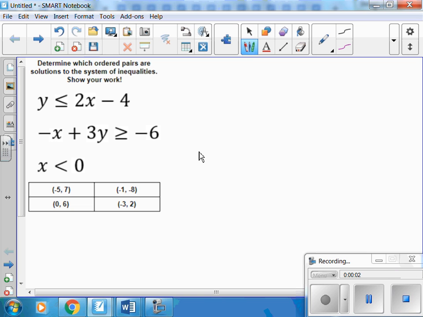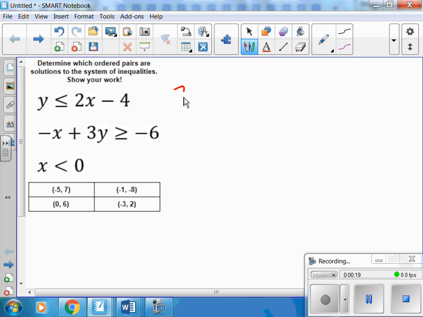All right, so trying to determine which ordered pairs are solutions to the system of inequalities. So let's start by plugging in -5 in for x up here and 7 in for y up here.